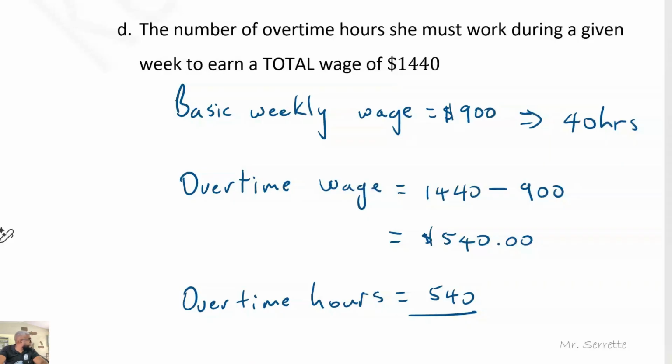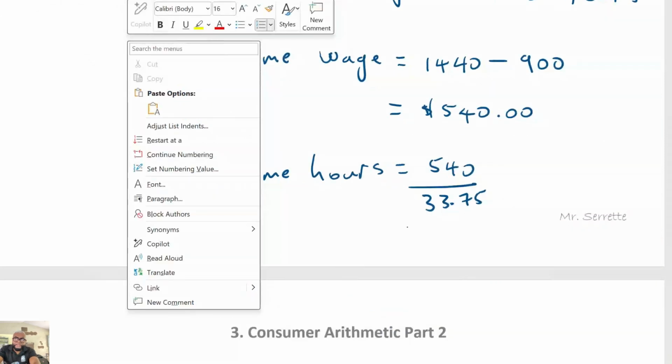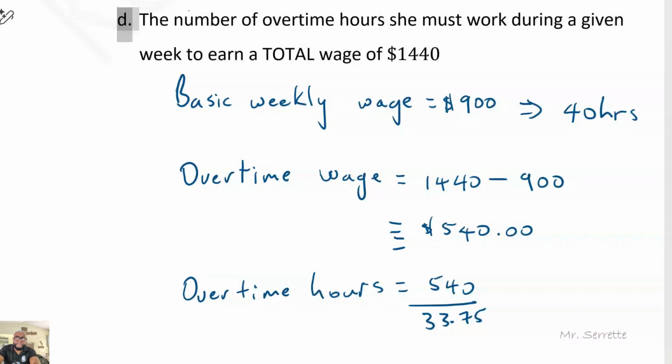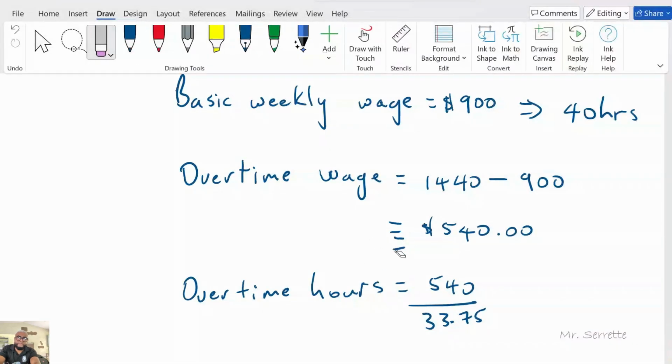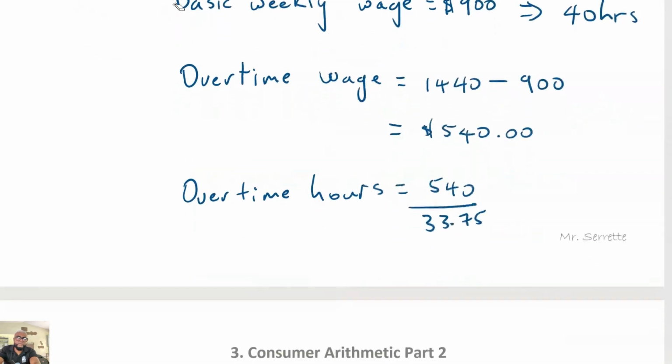Yeah, was it 30 something? 33.75. Right? So how many overtime hours would the typist work? 16 flat? Boom.